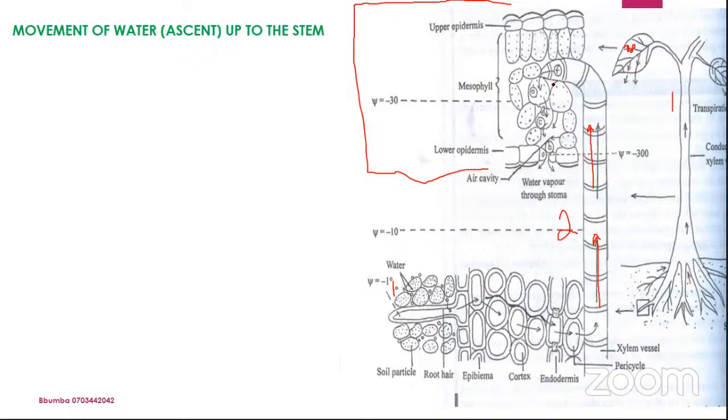And remember, the leaves normally have stomata on the lower side, so they can lose water via the stomata. Even sometimes on the upper side, there may be few stomata, okay? And these are the ones in this case. So when water is lost to the atmosphere, these cells lose water also, the mesophyll cells, so they become hypertonic, okay?